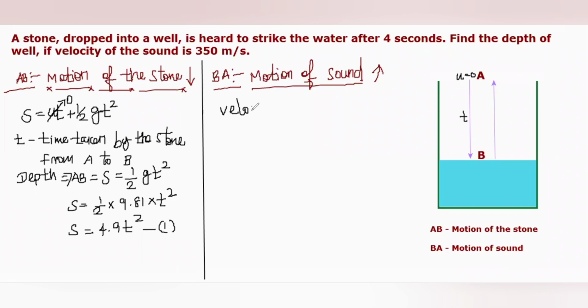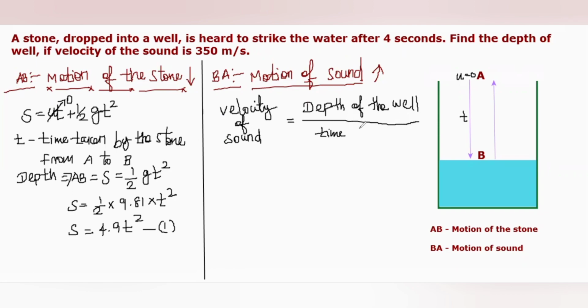Here we can write the velocity of sound equals the depth of the well, or the distance, which we considered as S, divided by the time taken by the sound.